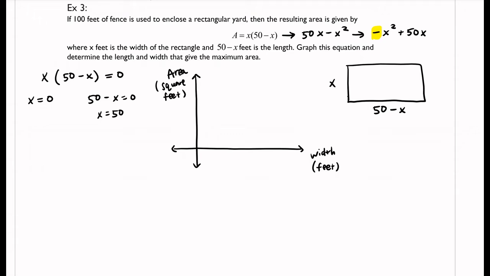Okay, and I'm really just going to sketch this roughly. So one of our x-intercepts is at 0, 0, and the other one is at 50, 0. So that's, let's say, right here. And I'm just roughly sketching it. Let's say our quadratic function and parabola will look something like that.